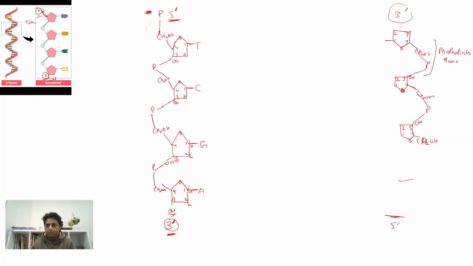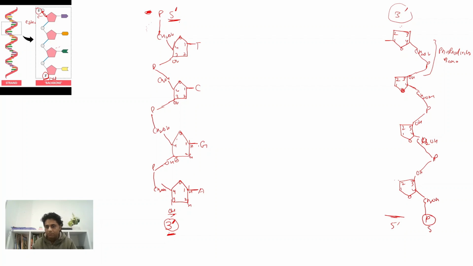Okay, oxygen is here. First carbon, second carbon, third carbon, fourth, fifth is here, CH2OH, and this makes a bond with the phosphate, and CH2OH makes a bond with the phosphate, but this is the end of the chain.